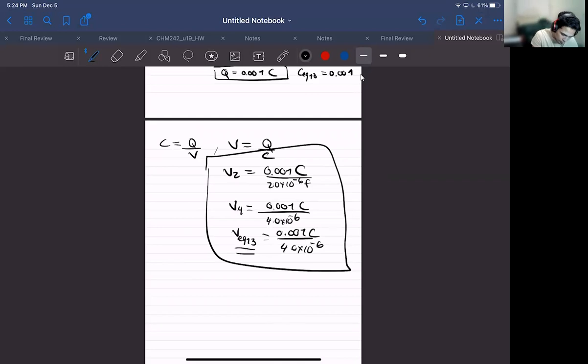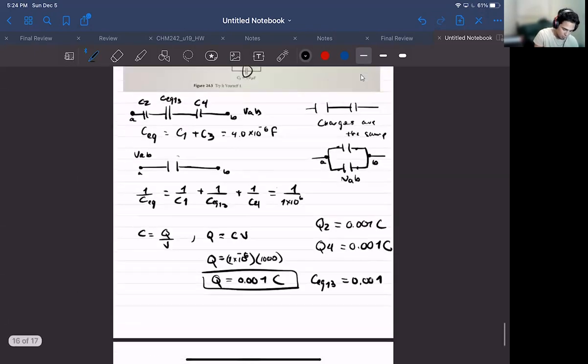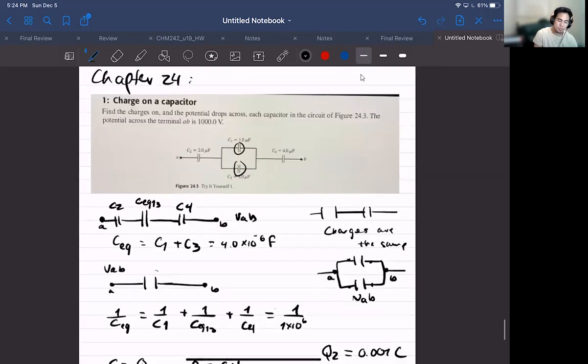Remember, this is for the equivalent capacitance, so the equivalent voltage of both of them, but they're going to be the same. So we just find the value for that. All right, and that is the answer for this question in chapter 24.